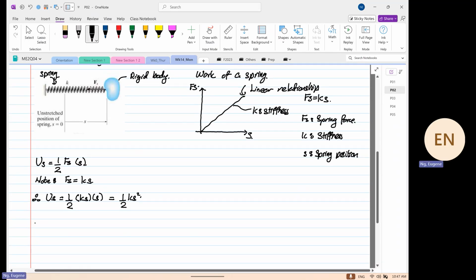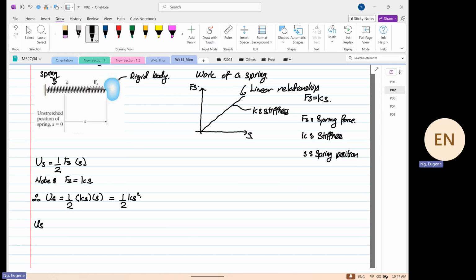So when you stretch a spring, this entire term is equal to minus half multiplied by stiffness K, and this will be equal to S2 squared minus S1 squared.